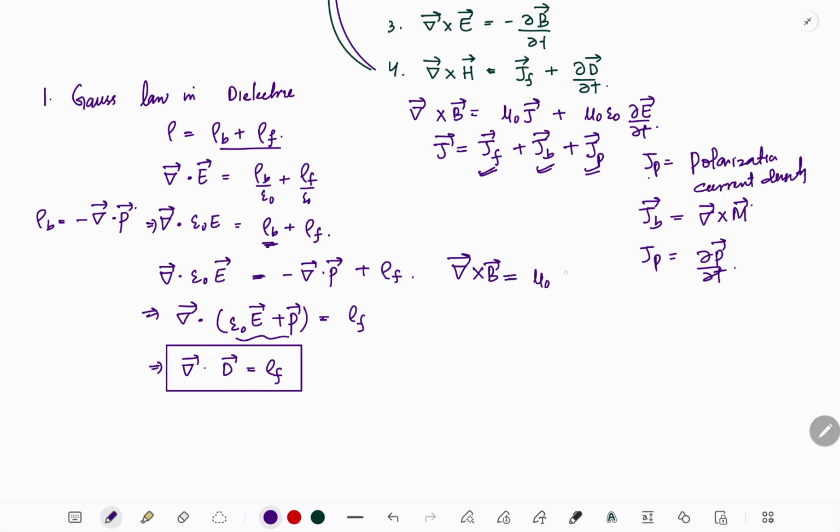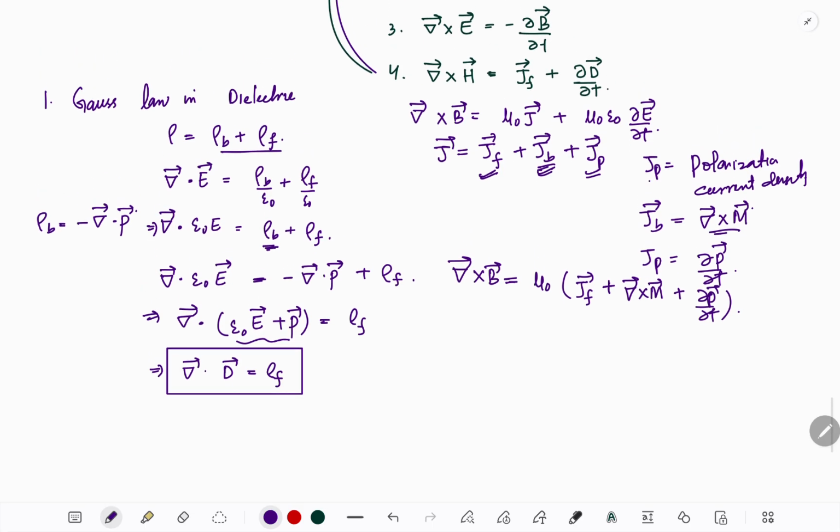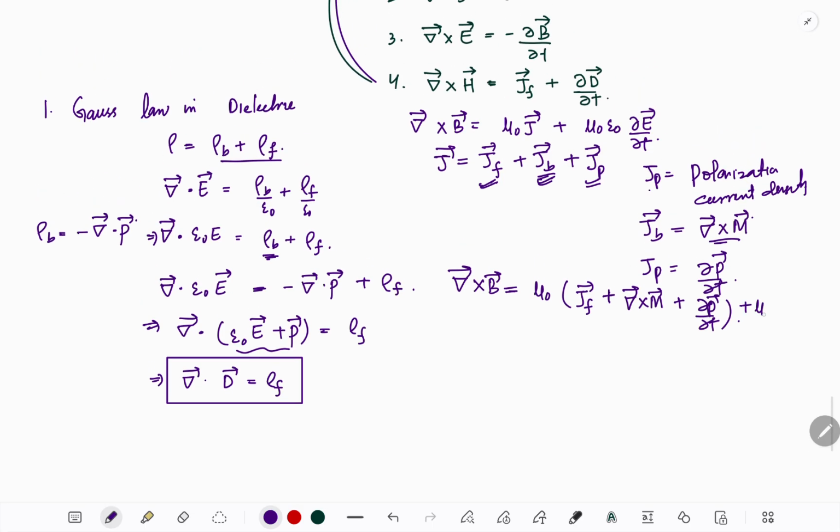In place of J, we have three things: JF plus, in place of JB, I'll use del cross of M, plus dou P by dou T. I hope there is no problem in that. And plus mu 0 epsilon 0 dou E by dou T is there.